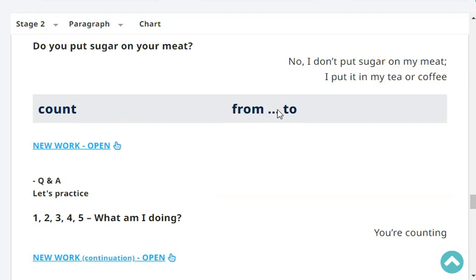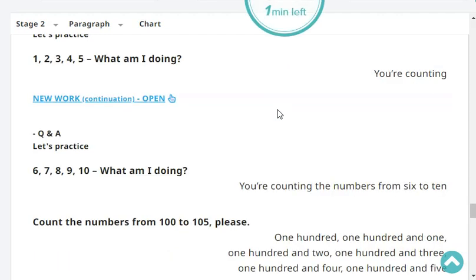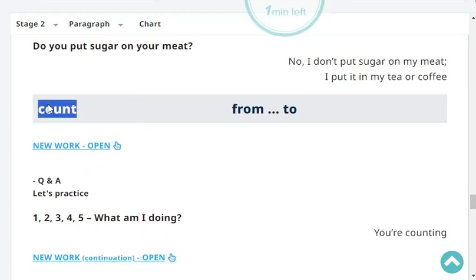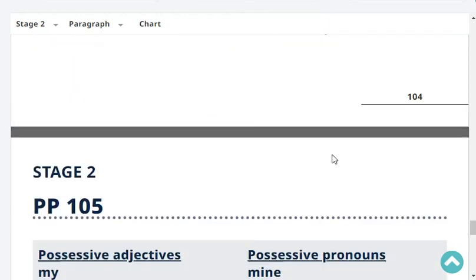Count from one. 1, 2, 3, 4, 5. What am I doing? You're counting. 6, 7, 8, 9, 10. What am I doing? You're counting the numbers from 6 to 10.